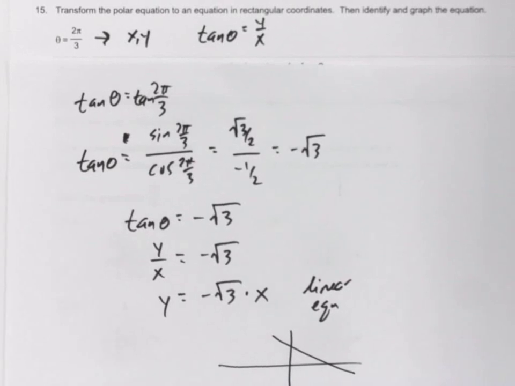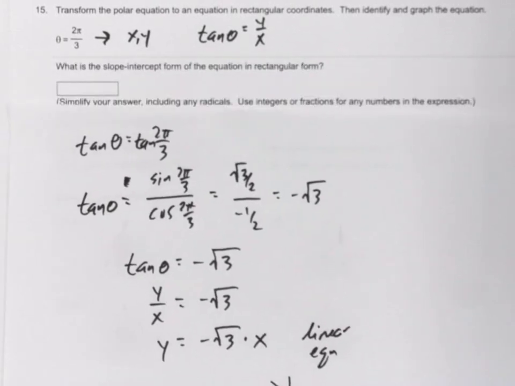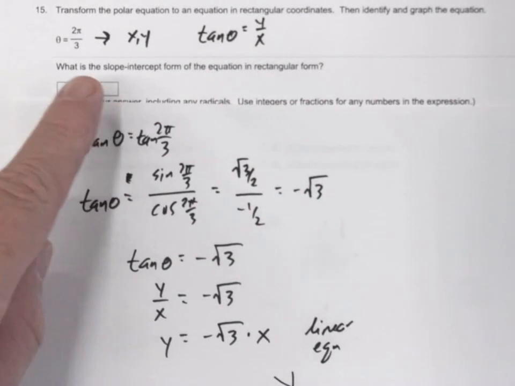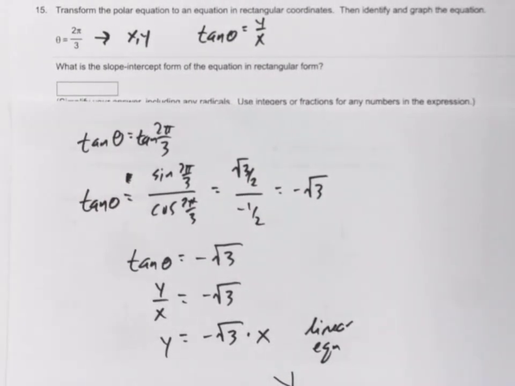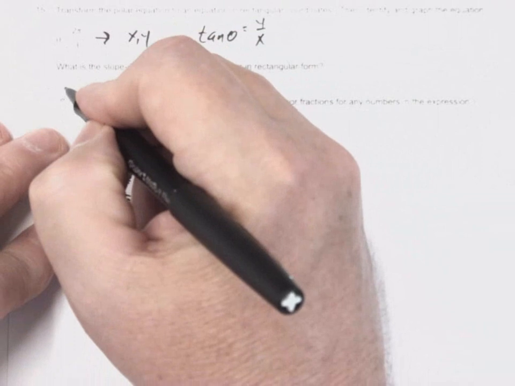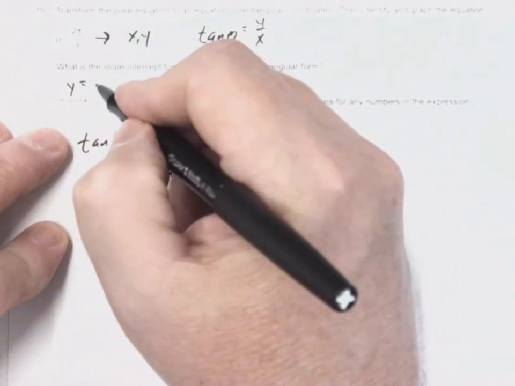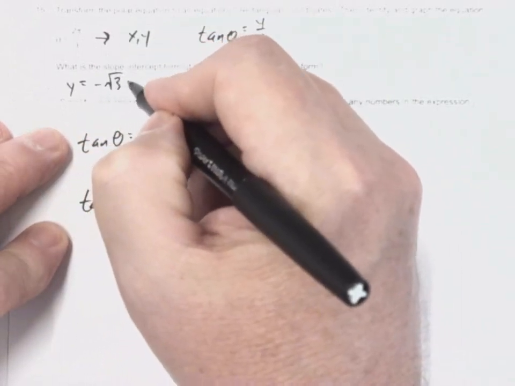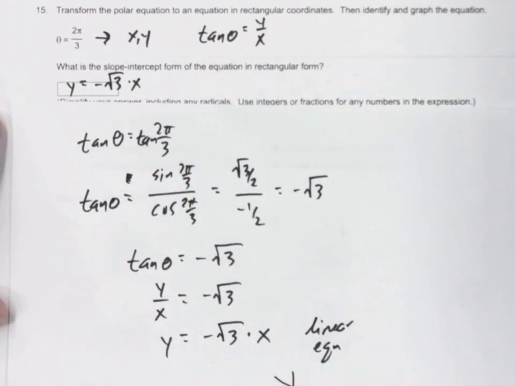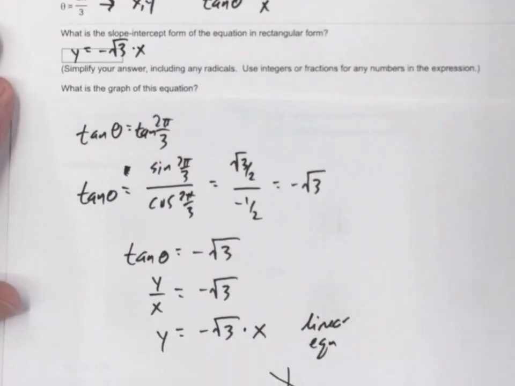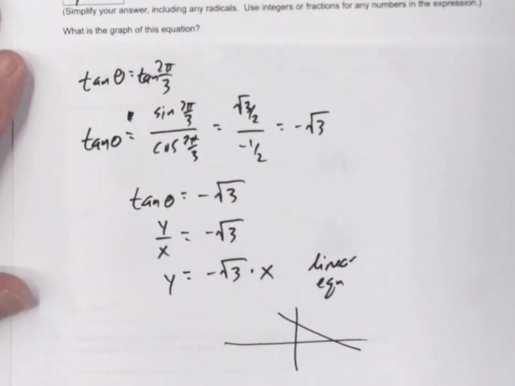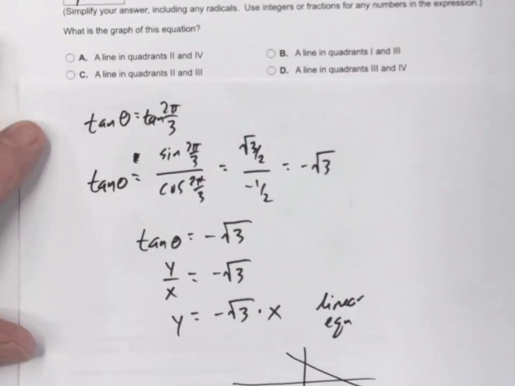Now let's see what kind of answers they ask for. The slope-intercept form of that equation would be just what I said a minute ago. It's just right here: y equals negative square root of 3 times x. And then what's the graph of the equation? It's going to be some kind of a straight line like this.